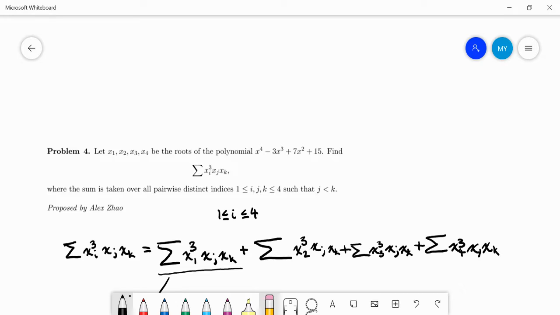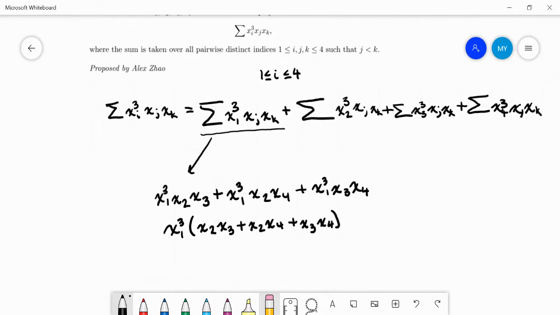So we have all the symmetric sums in terms of x1, x2, x3, and x4. And here, we have this inner part. It is a symmetric sum, but unfortunately it's only a symmetric sum in terms of x2, x3, and x4. There's no x1 involved.